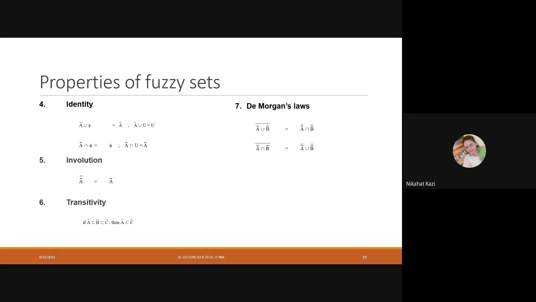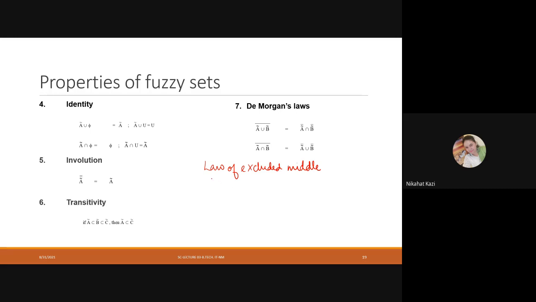What is missing? You remember the law of excluded middle. What is the law of excluded middle?